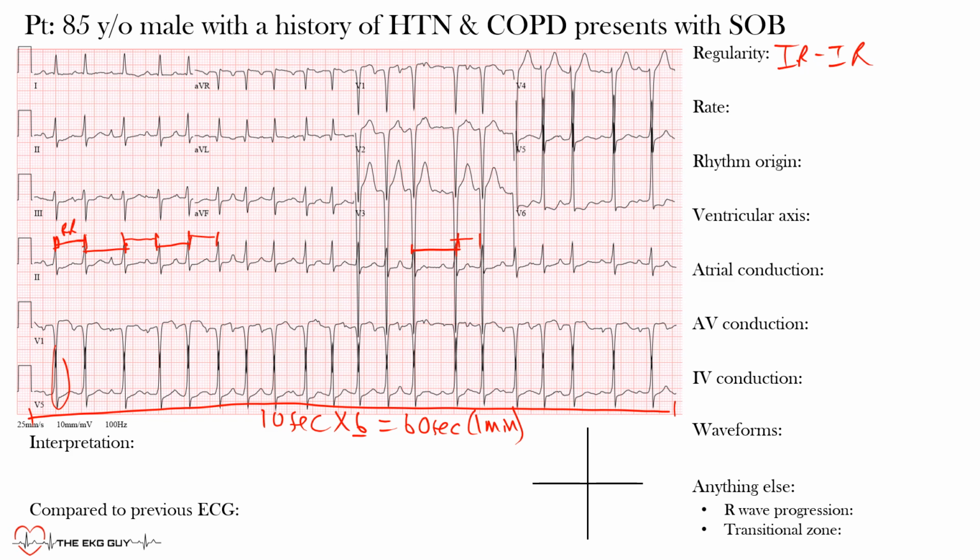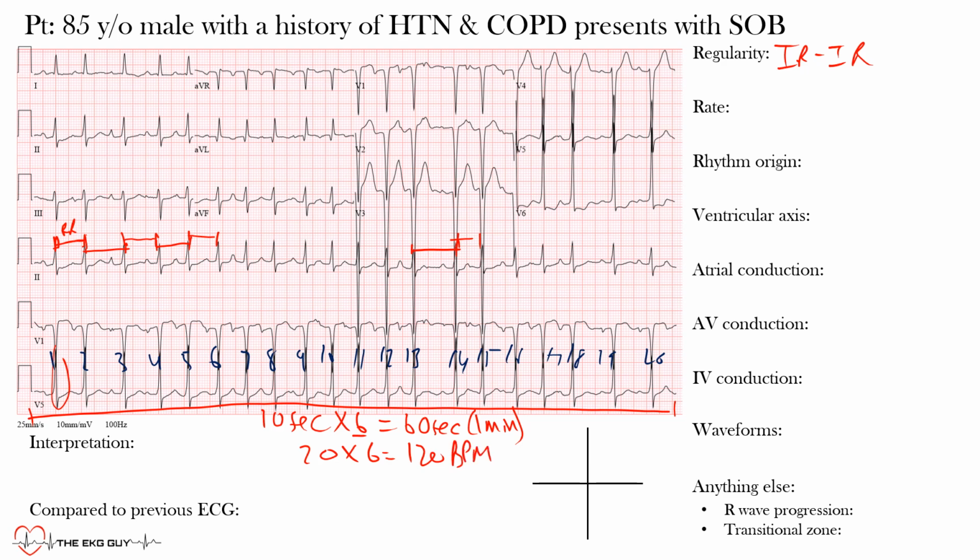So let's do that here. 1, 2, 3, 4, 5, 6, 7, 8, 9, 10, 11, 12, 13, 14, 15, 16, 17, 18, 19, and 20. So we have 20 complexes. We multiply that by 6, and we get a rate of about 120 beats per minute.